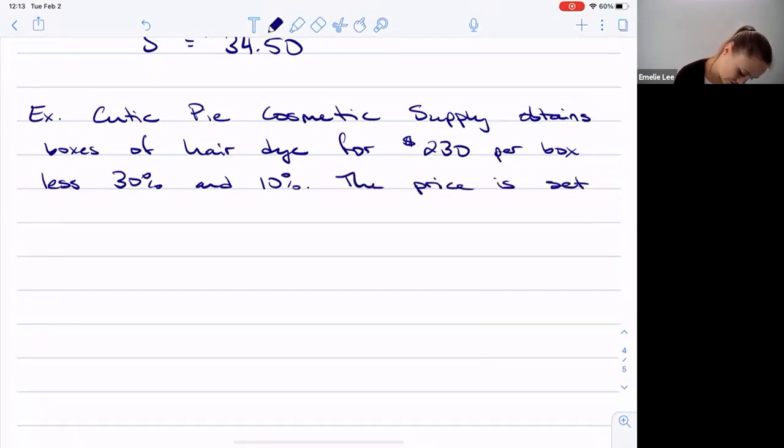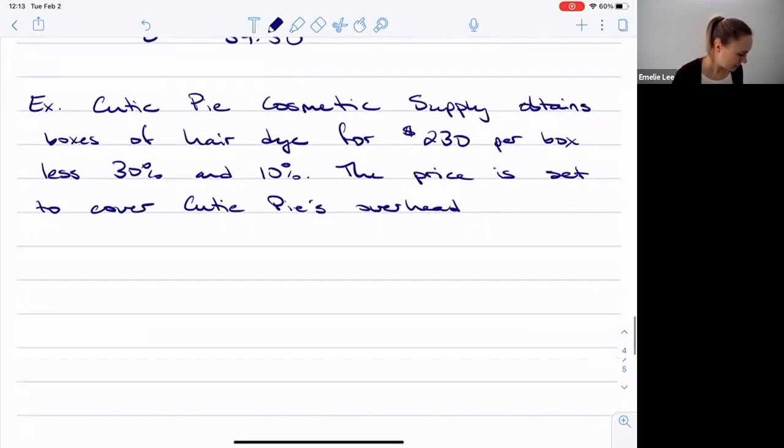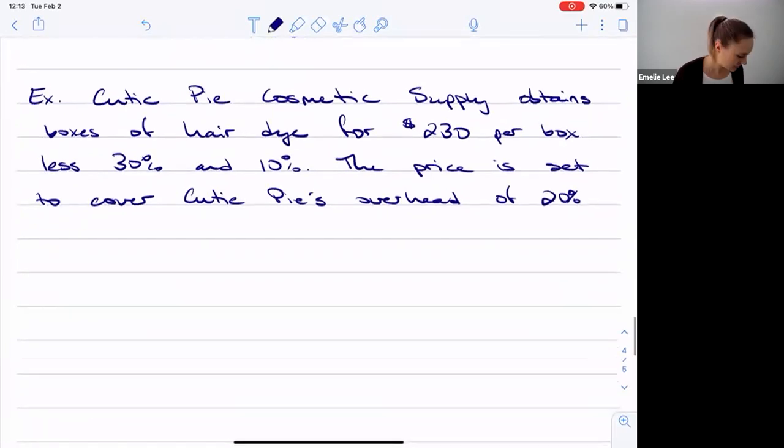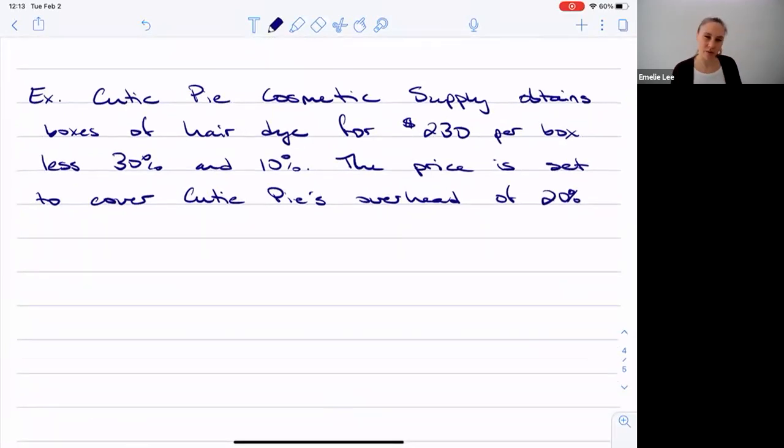The price is set to cover Cutie Pie's overhead of 20% of the selling price. So remember, we're using the word overhead, but when you read overhead, you can think overhead expenses, right?